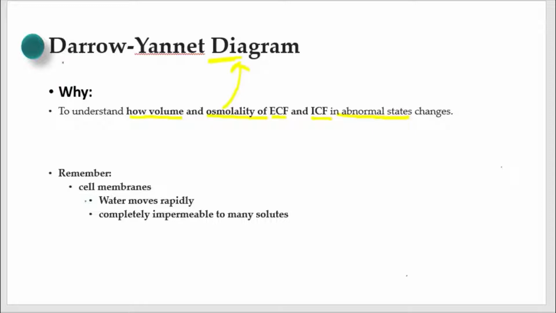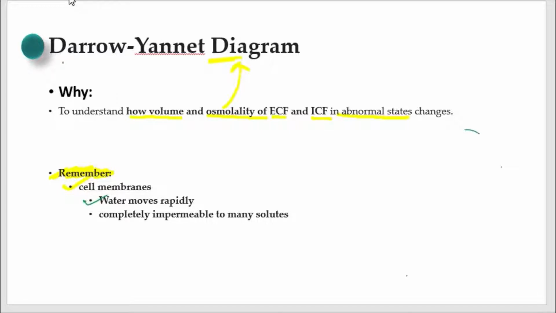As we go further, we have to recall from our elementary classes the qualities of the cell membrane. It is very permeable to water, and water moves very rapidly across the cell membrane.